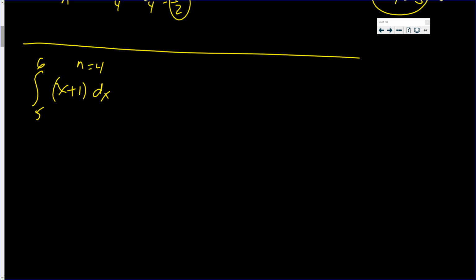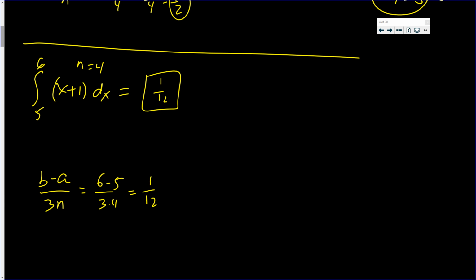Now we need to know what we're taking f of. So we need to know delta x. It's (b minus a) over n, 6 minus 5 over 4, it's 1/4. So x0 is 5.